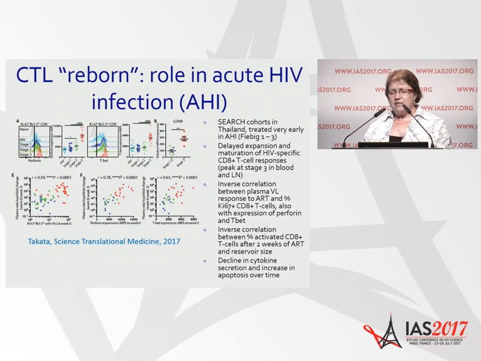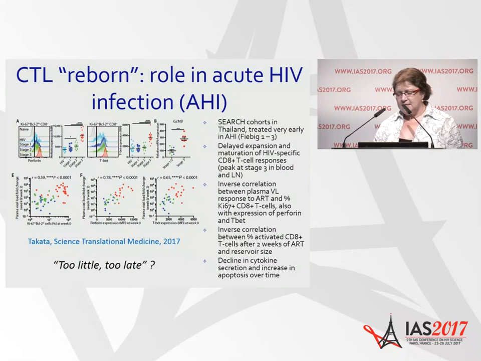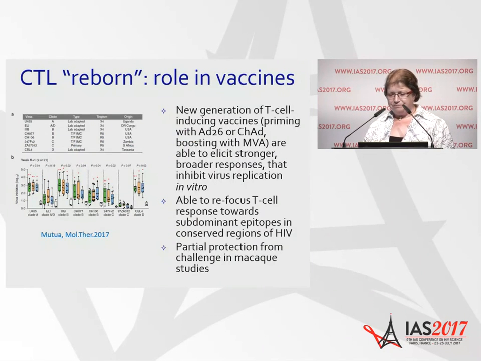So even in the presence of treatment, these T cells were developing and exerting some control. But there's still a suggestion that these responses are coming in too late in natural infection to make the difference.